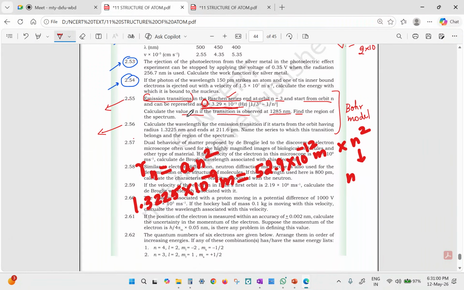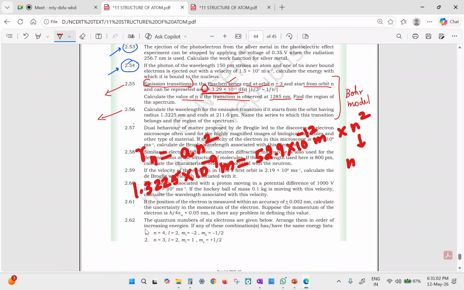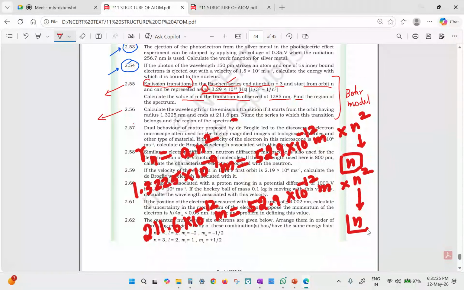Similarly, go for the second radius. You say that 211.6 into 10 to the power minus 12 meter, this is picometer, remember children, is equal to 52.9 into 10 to the power minus 12 meters into n square. From there, you get the n value again. So describe this and say that it is moving from here to there. That's all.